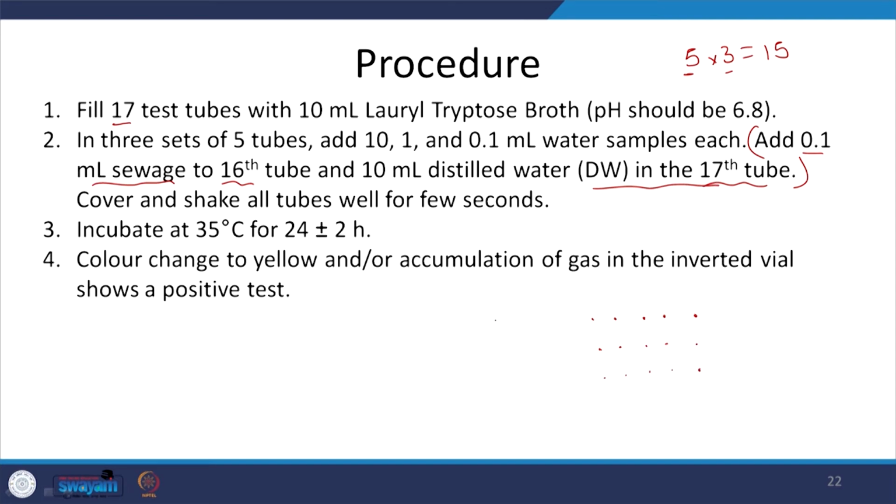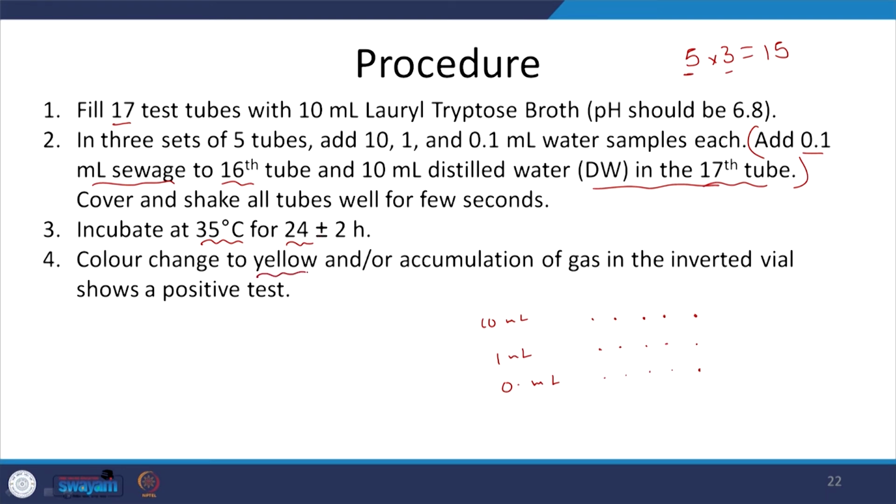In the first set I add 10 ml of the wastewater, in the second I add 1 ml, and in the last set I add 0.1 ml of wastewater, and also I add the broth that we prepare. Then we incubate it at a particular temperature that is conducive for growth for a sufficient period, which is 24 hours.